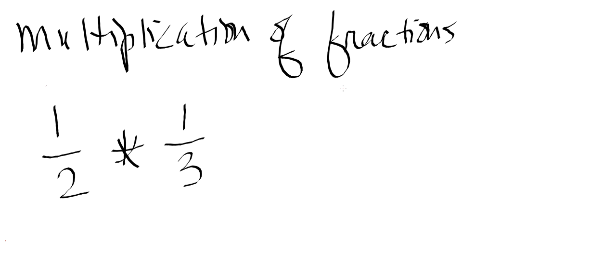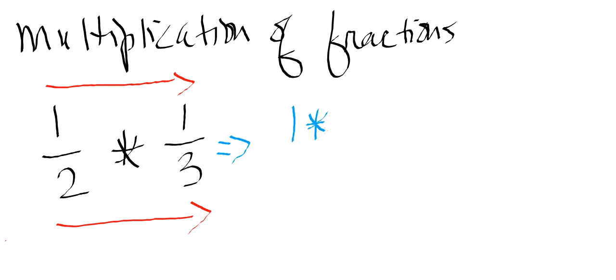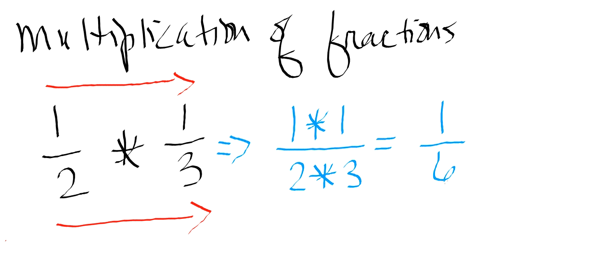I'm going to take my numerators and multiply them straight across, and then take my denominators and multiply them straight across. So 1 times 1 over 2 times 3. 1 times 1 is 1 in my numerator, and 2 times 3 gives me 6 in my denominator. Okay, so multiplication of fractions is pretty straightforward.